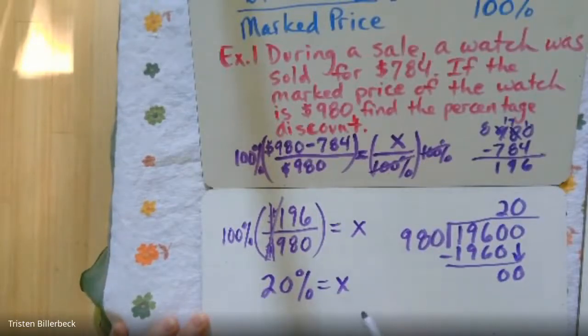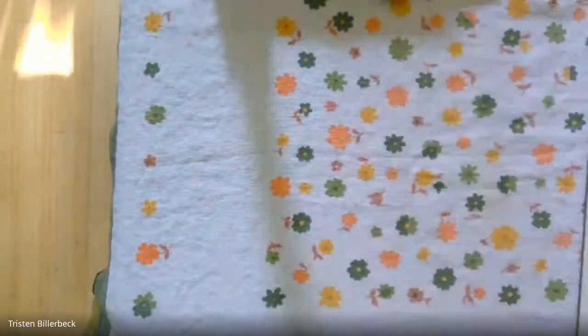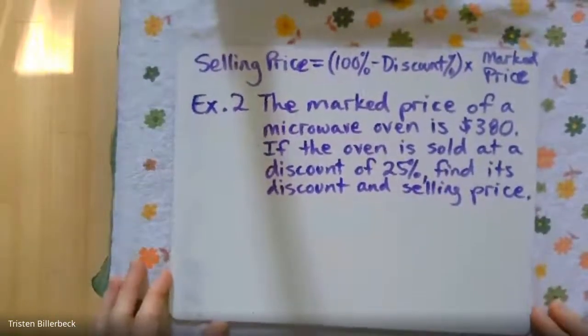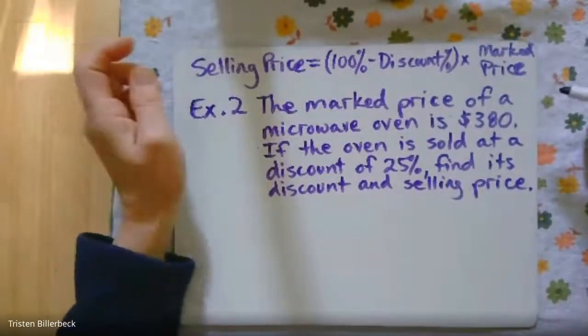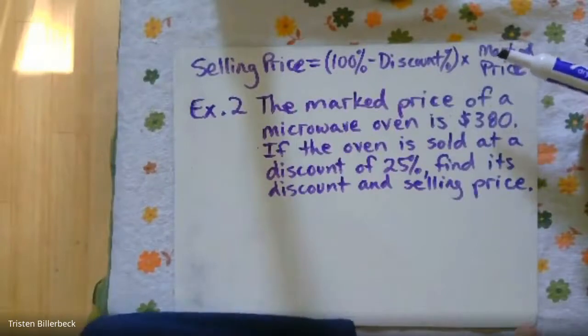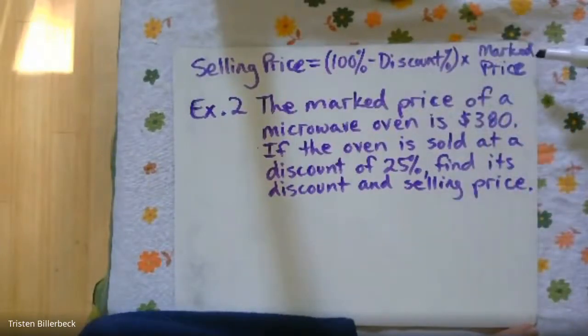Okay, so this is the 20% discount. So when we look at selling price, we have 100% minus discount times the marked price.